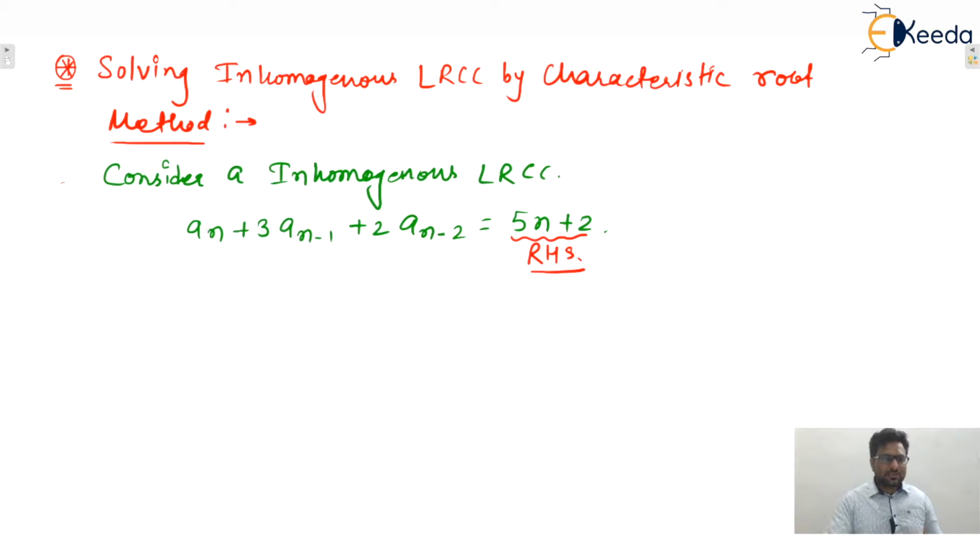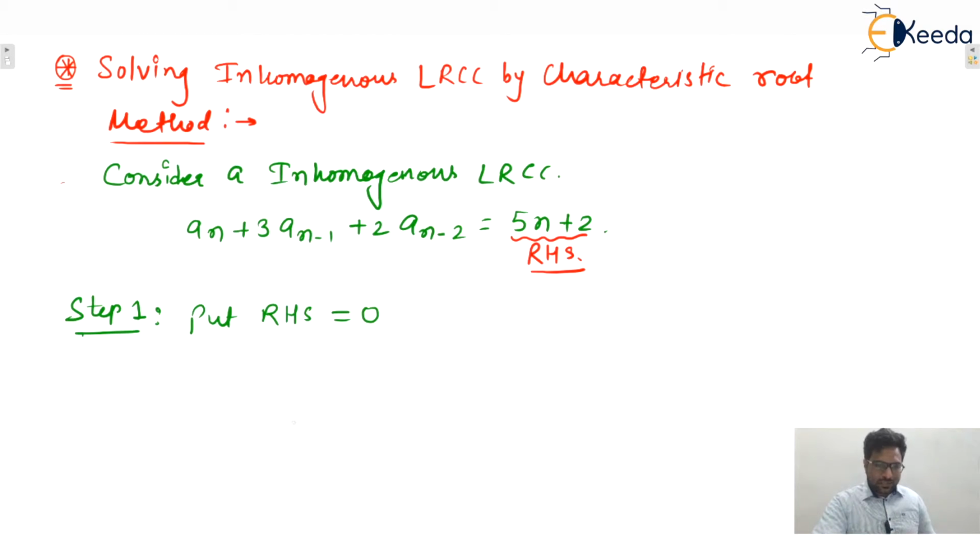So the first step, step 1: put the right hand side, whatever it may be, equal to 0. Right hand side means first shift all recursive terms to the left hand side, then whatever is in the right hand side, put that equal to 0.